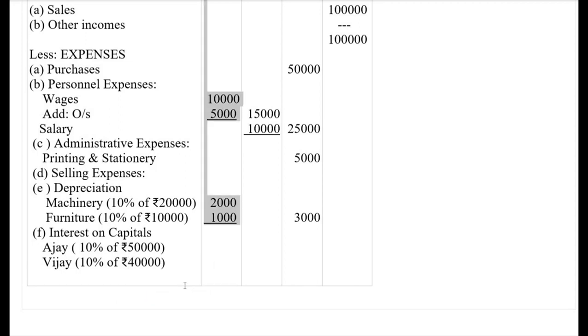So 10% of 50,000 comes to rupees 5,000. Then Vijay's interest on capital will be 4,000. So let's underline here. The total interest on capital will be rupees 9,000.